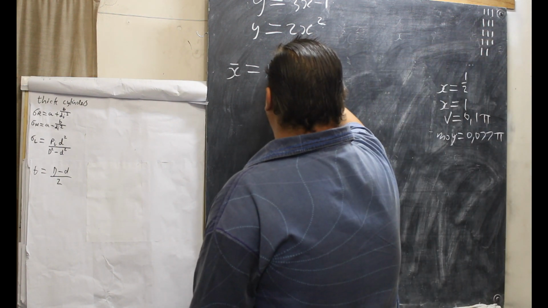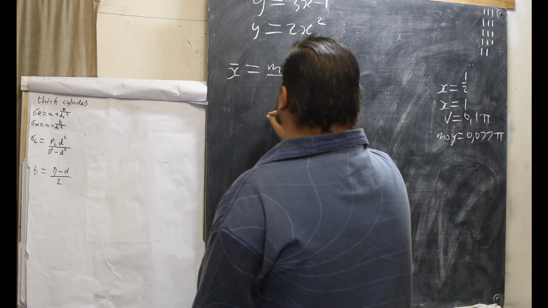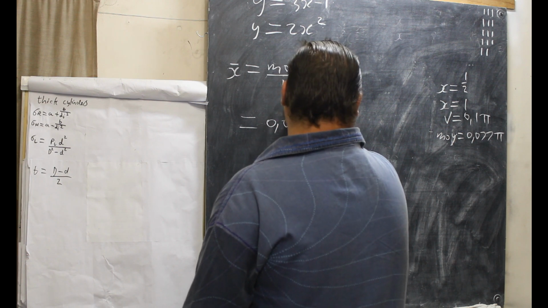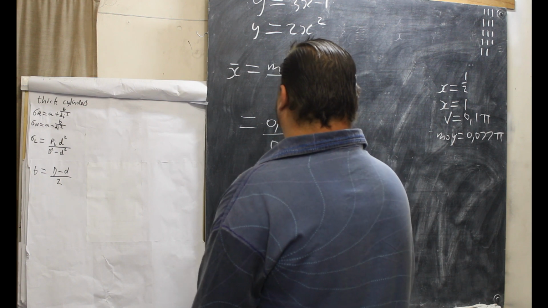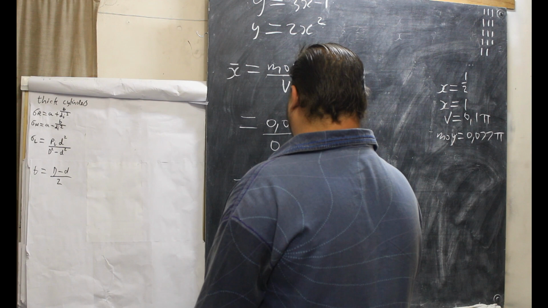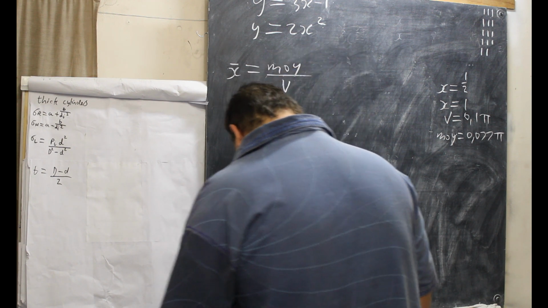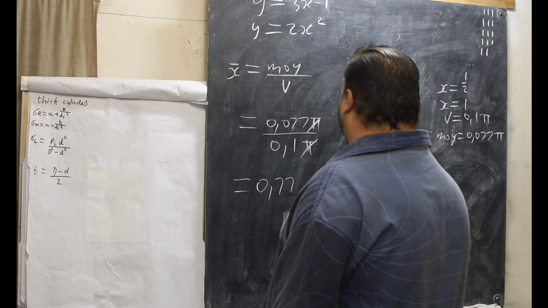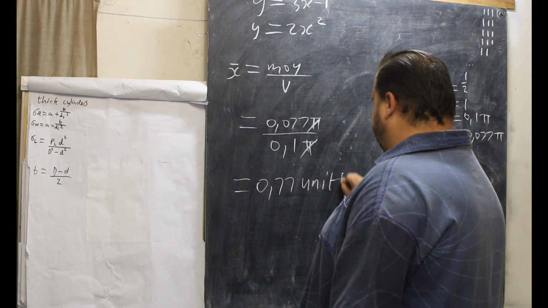So x bar is MOY over V, equals 0,077 over 0,1, which equals 0,77. Now that's pi and that's pi. Now what happens with pi, it cancels. So we're left with units.